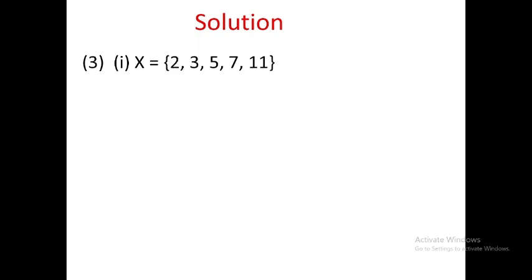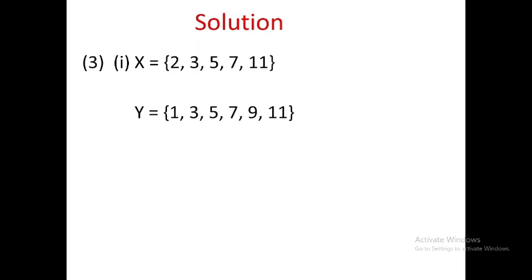The next one says odd numbers less than 13. Of course, the odd numbers are 1, 3, 5, 7, 9, and 11. So we have listed the members of x and y.